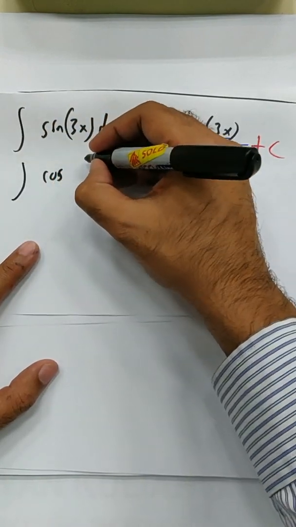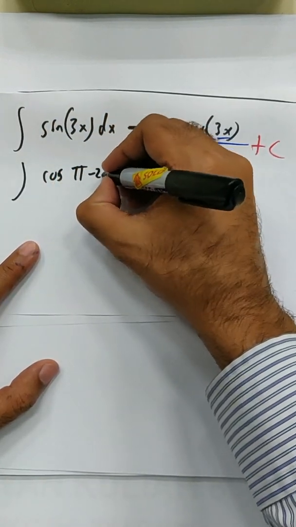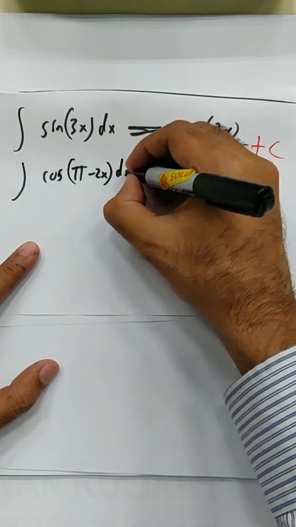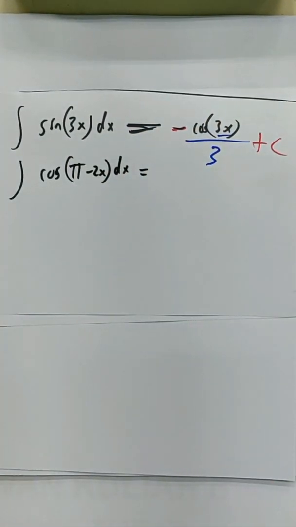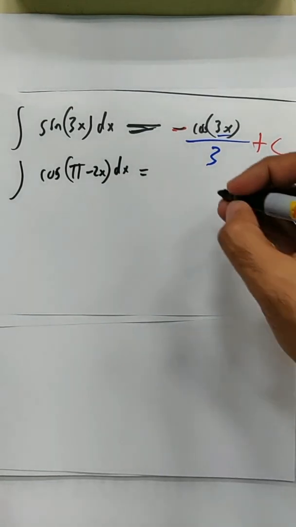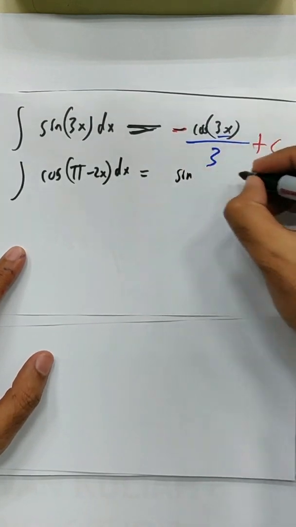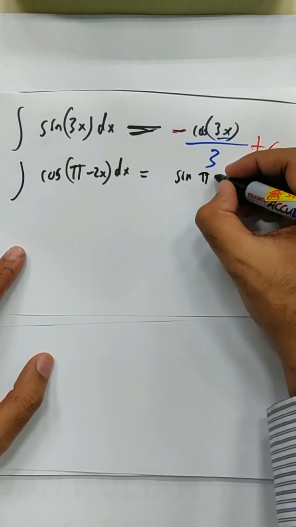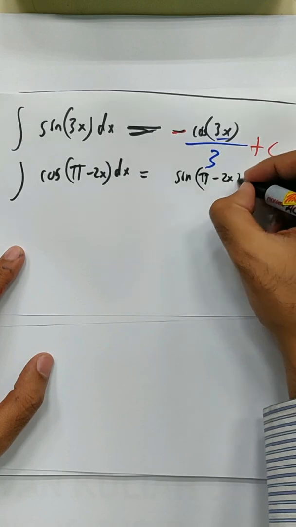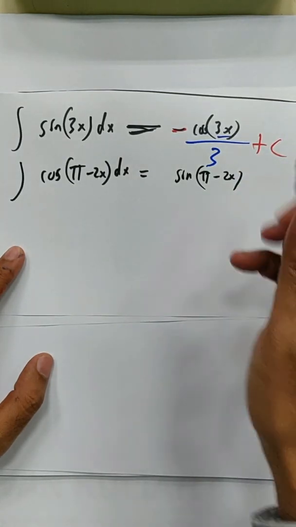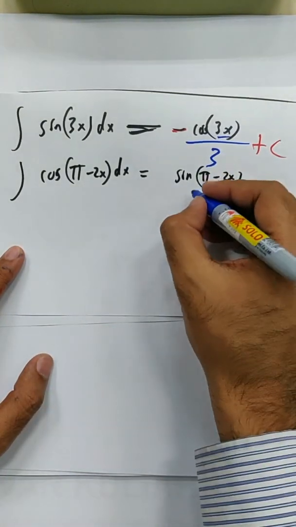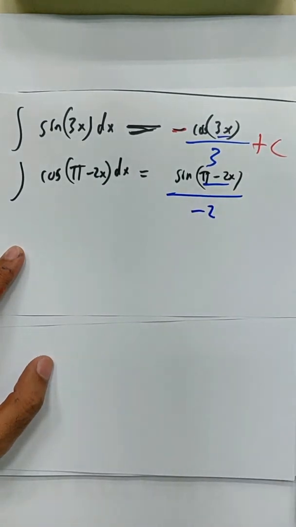Now what about this? Integrate cos, or basically asking, differentiate what to get cos? Sine of pi minus 2x. Differentiate inside here, so divide by negative 2.